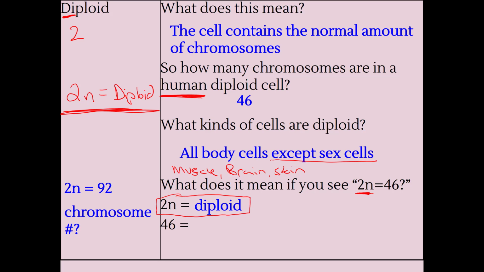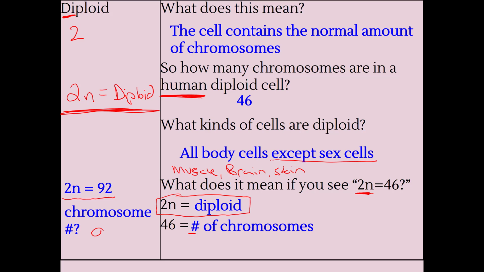Now, the number 46 is actually representing the number of chromosomes. This isn't a hashtag, this is the number of chromosomes. So if I come over to the side and I see 2n equals 92, how many chromosomes am I going to have present in this particular organism?